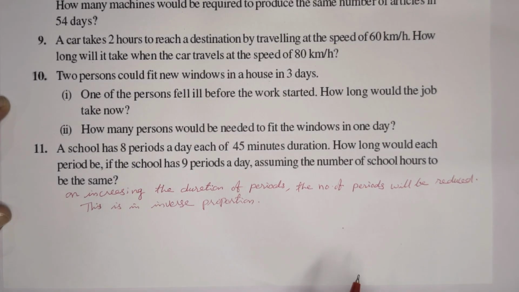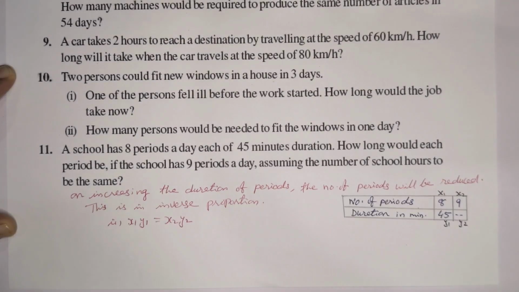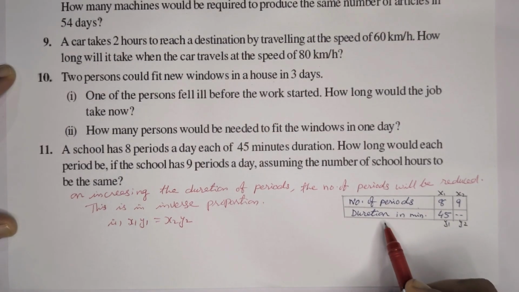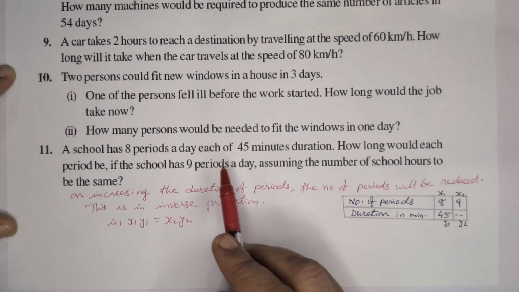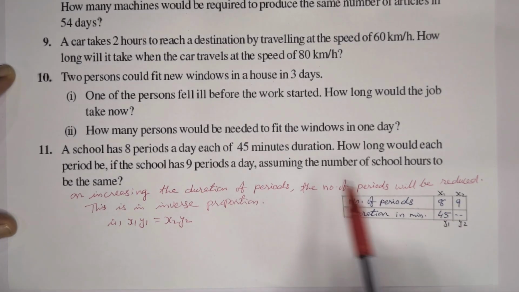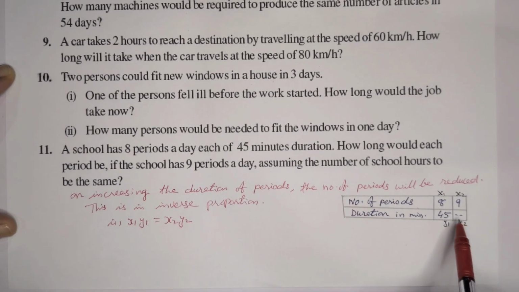So we can write the question in table form. Number of periods and duration in minutes of each period. 8 periods each with 45 minutes. Now 9 periods and the time duration we have to find out.